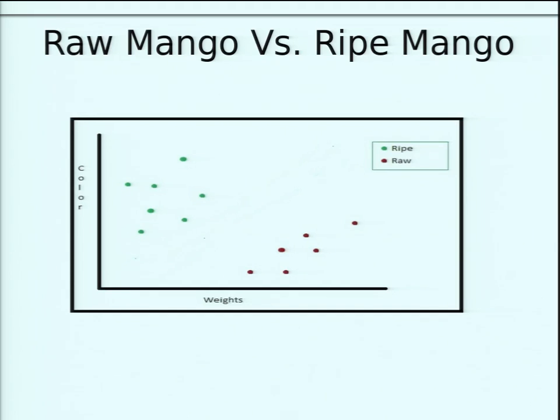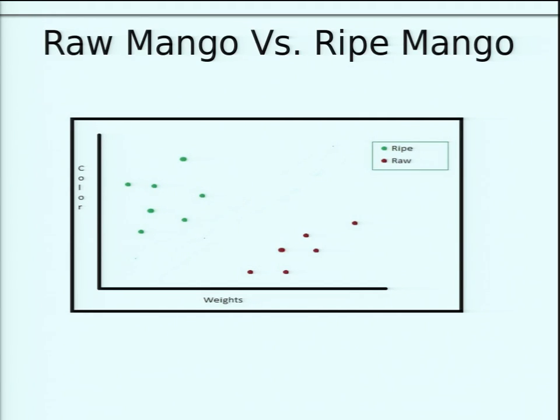But instead, suppose I take both the weights and colors that I talked about earlier, and I plot these two-dimensional points. This is what I see. What do you see in this? Clear separation. Yeah, there's a very clear separation between both of them.